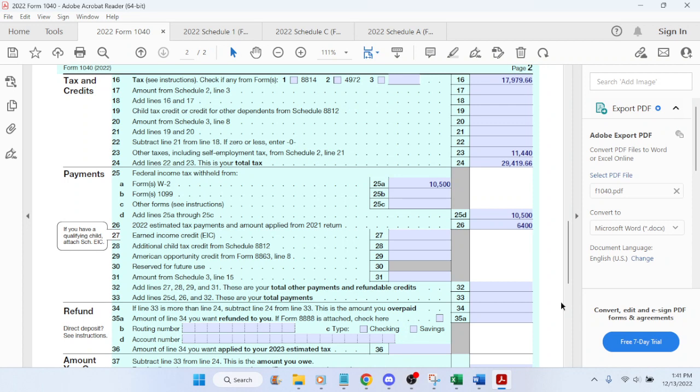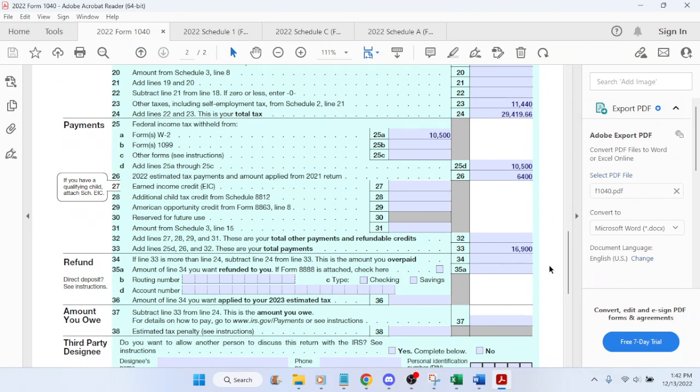So we have withheld taxes, we have prepaid taxes, and we are going to have our total payments that we've made already. So 10,500 plus 6,400 is 16,900.